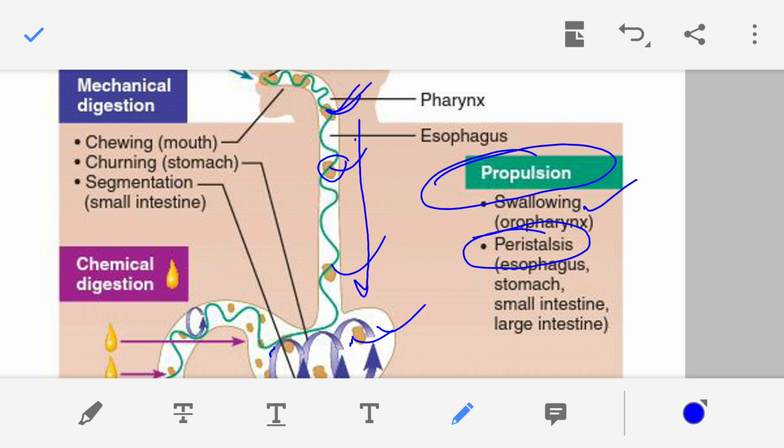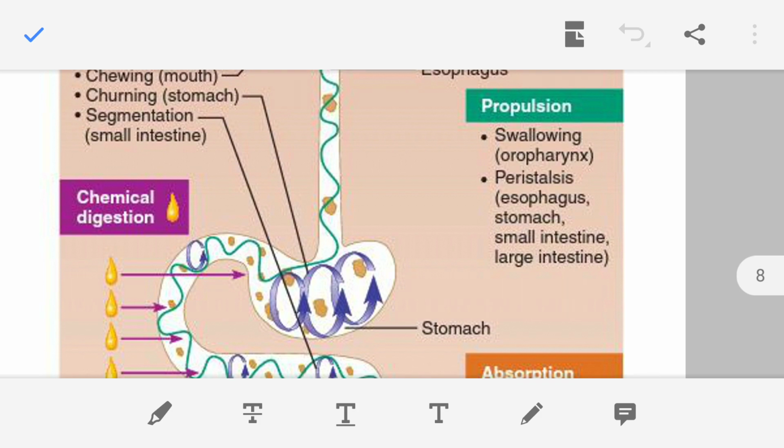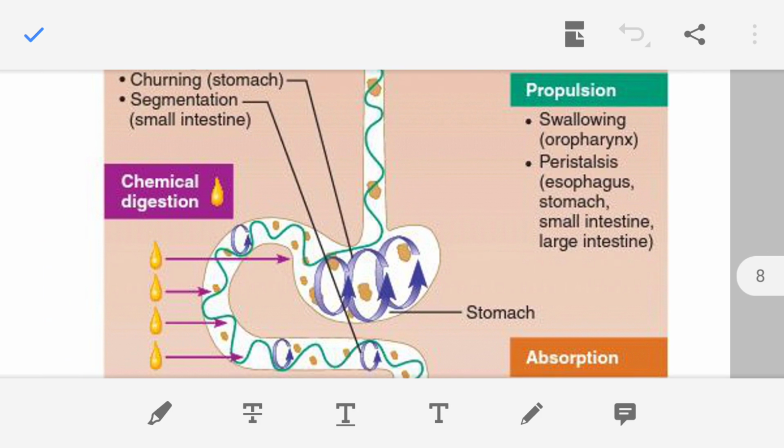Peristalsis is the contraction and relaxation of the smooth muscles of the GI tract. This peristalsis is not only taking place in the walls of the esophagus, it is also taking place in the walls of the stomach, then the small intestine, then the large intestine.